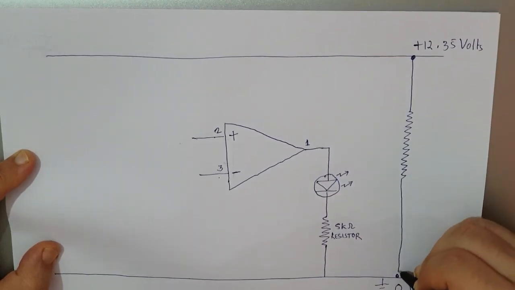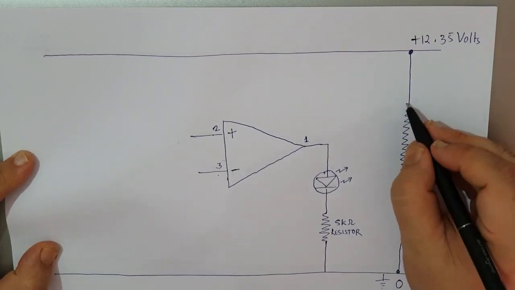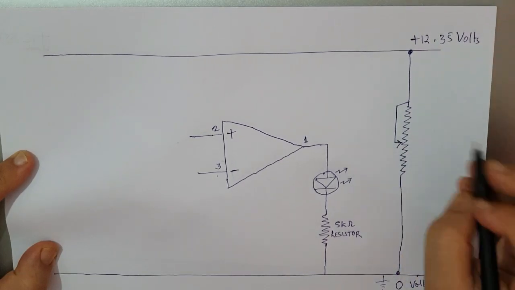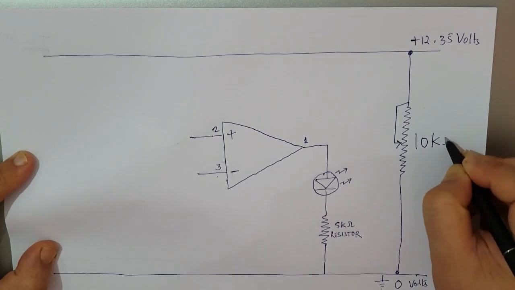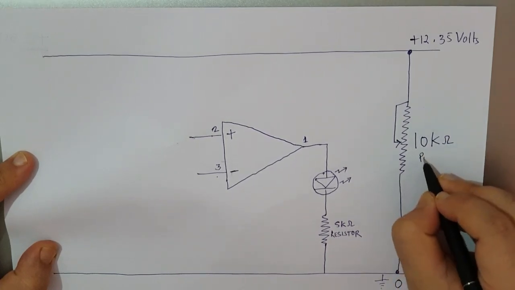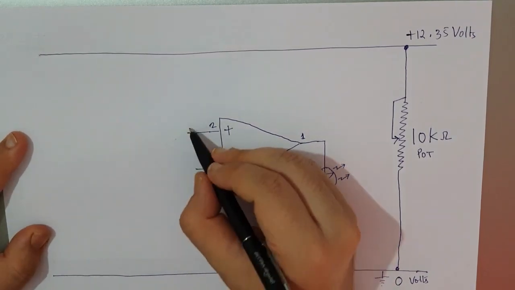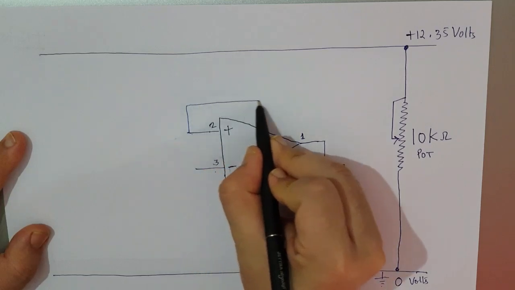The value of this potentiometer is 10 kilo ohm, and there is a slider which I have denoted here. This potentiometer would be used to vary the voltage, and it would be connected to pin 2. So I'm connecting it to pin 2.